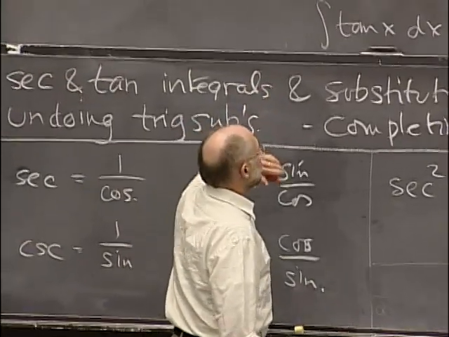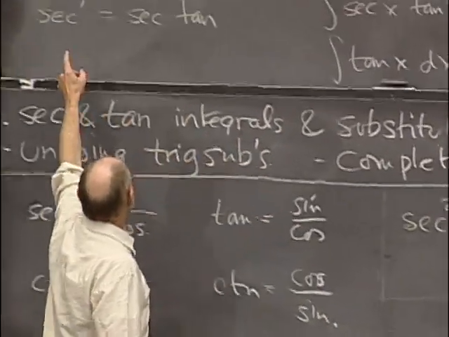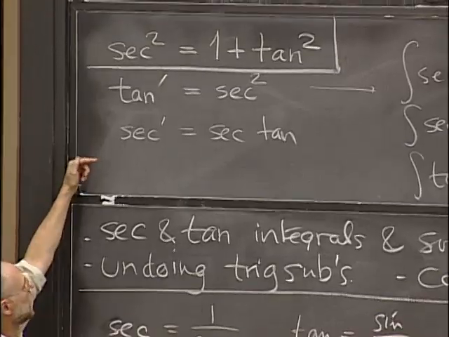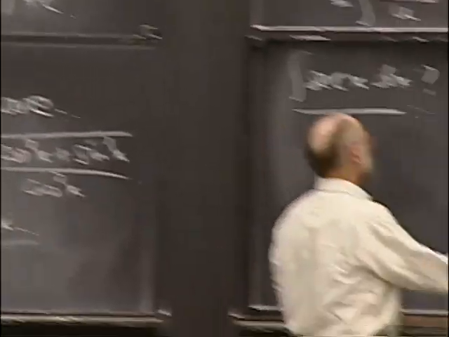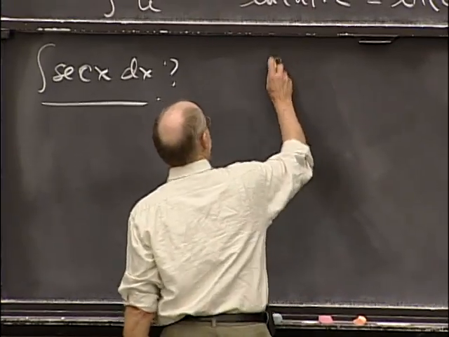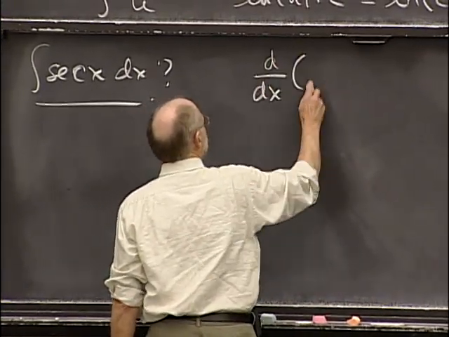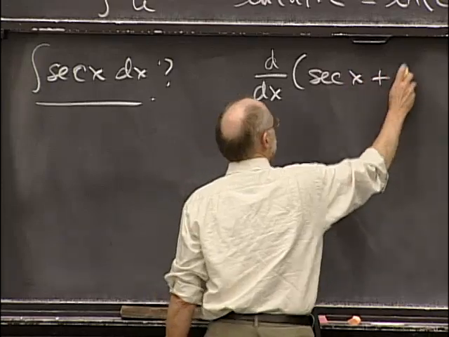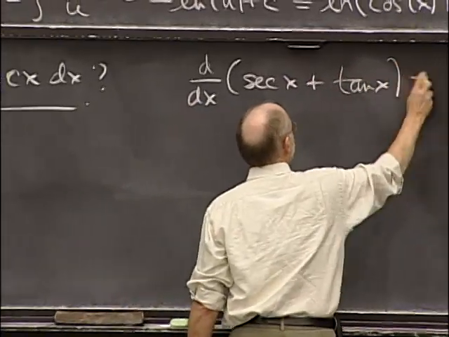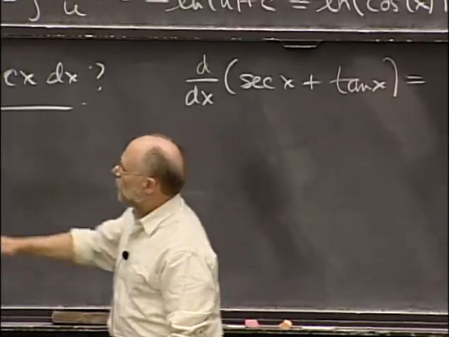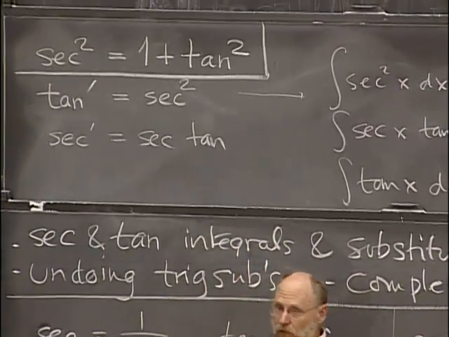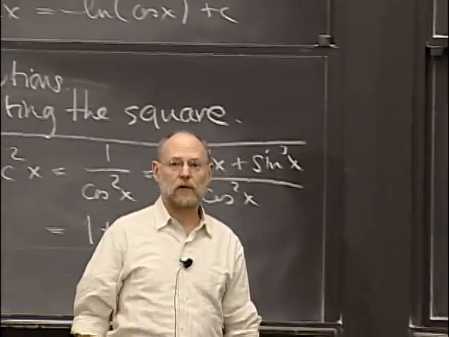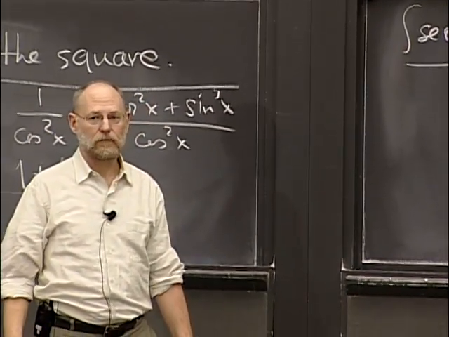If I take these two facts, tangent prime is what it is, and secant prime is what it is, and add them together, I get this fact, that the derivative of the secant of x plus the tangent of x is the sum of these two things, secant squared plus secant tangent, and there's a secant that occurs in both of those terms.